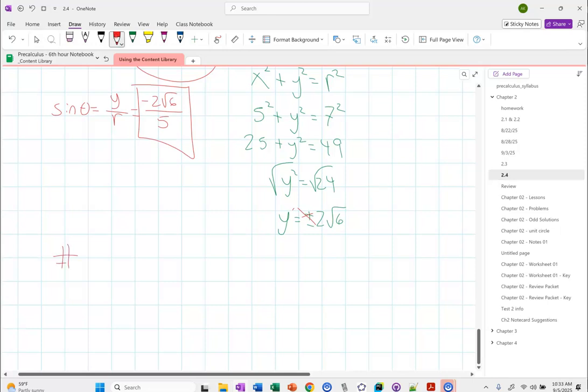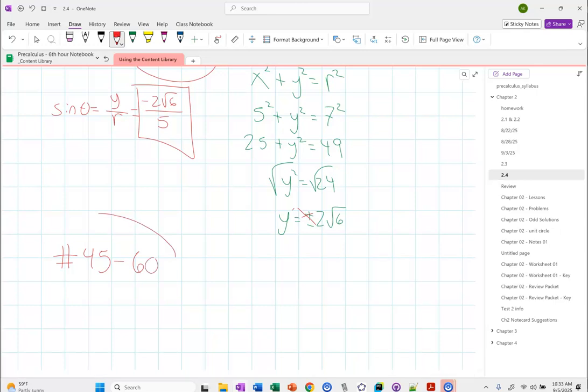That's it for chapter 2. You guys should now be able to do the rest of the problem set 45 through 60. Next time, we're going to do some Delta Math practice on skills from this section.